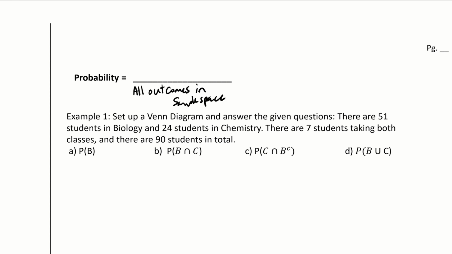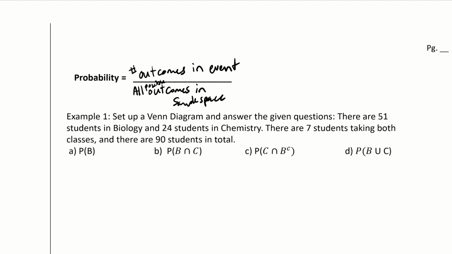And the numerator is the number of outcomes in the event, the event of interest. So the probability of an event is the outcomes in the event of interest, out of all possible outcomes. And that's how you generally calculate the probability.